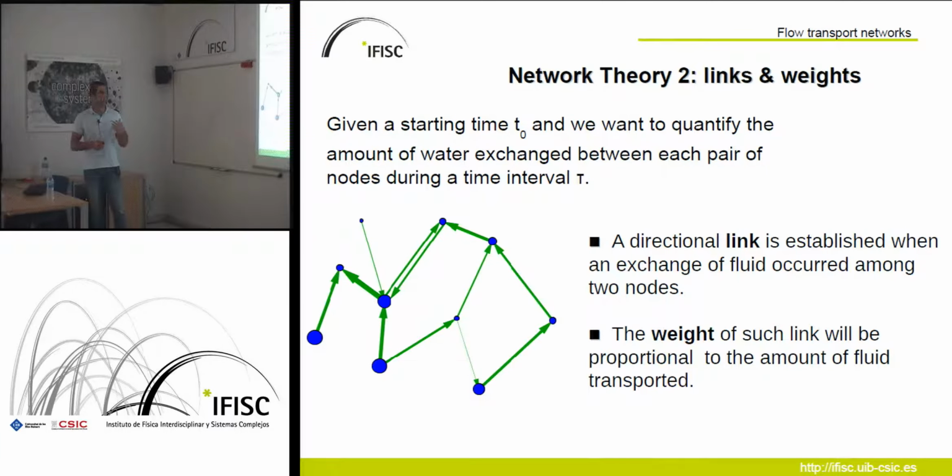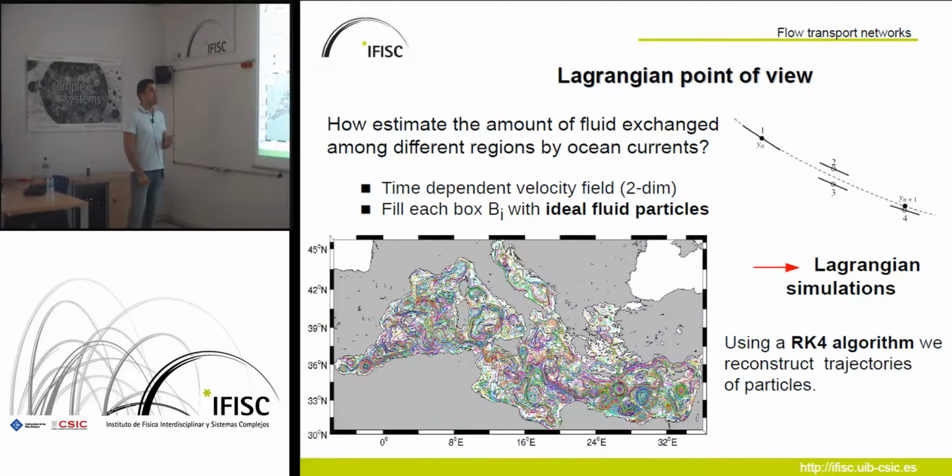In this case, we will put a link between these 2 nodes. And the weight of this link should be proportional to the amount of water exchanged by the 2 nodes. Now the question is how to estimate the amount of water exchanged between two regions of the ocean.